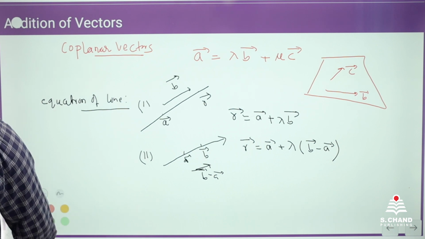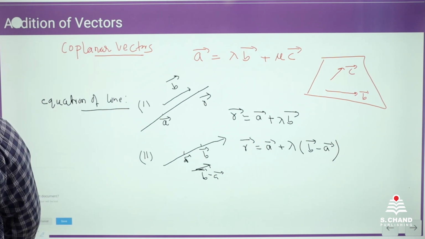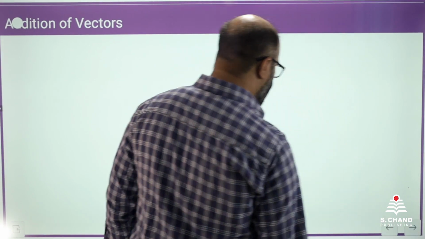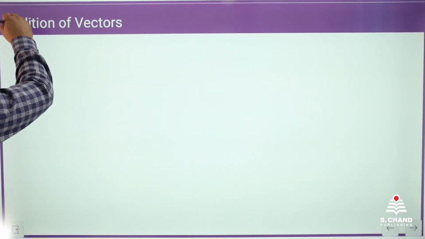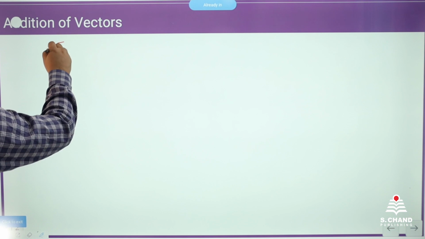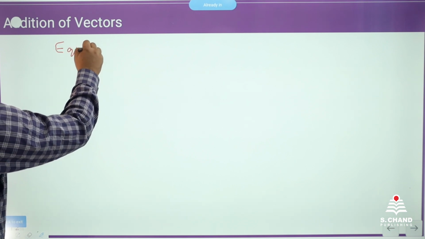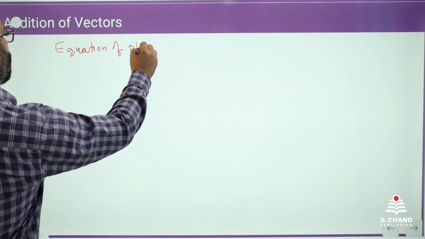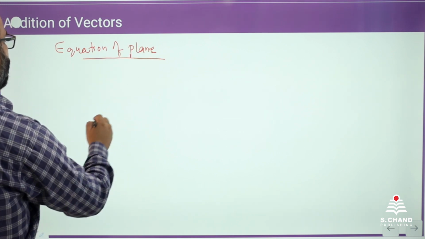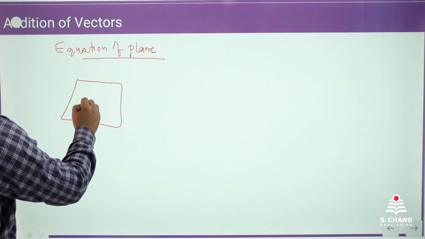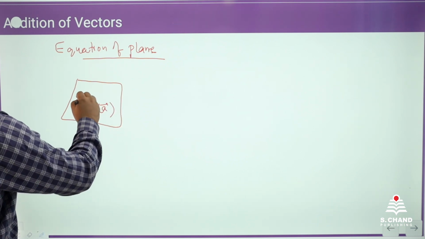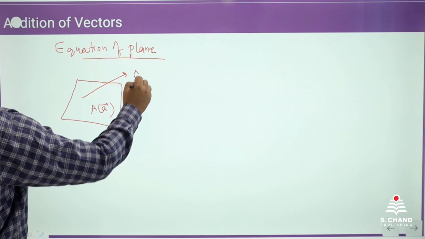Next we may have the equation of a plane. We have a plane on which a point is given, whose position vector is A, and the normal vector n is given.